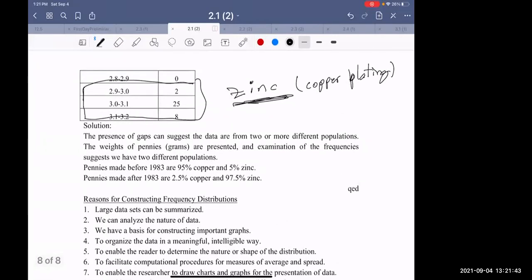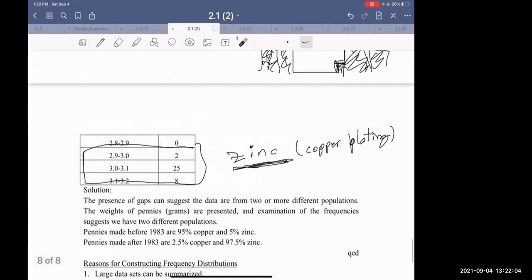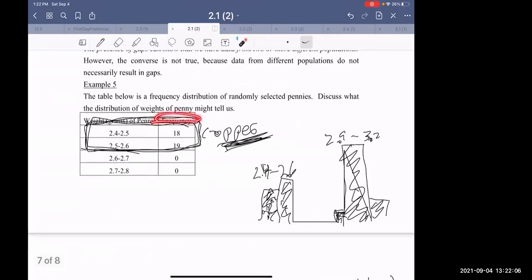So now here it is right here. That tells you right now. Pennies made before 1983 were 95%. I forget when, I think it was in the 1950s, it used to be 100% copper. But you have to have really old coins. You're not going to see much of a difference here.